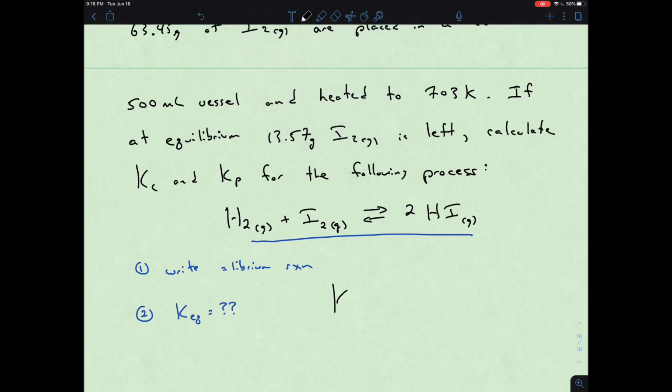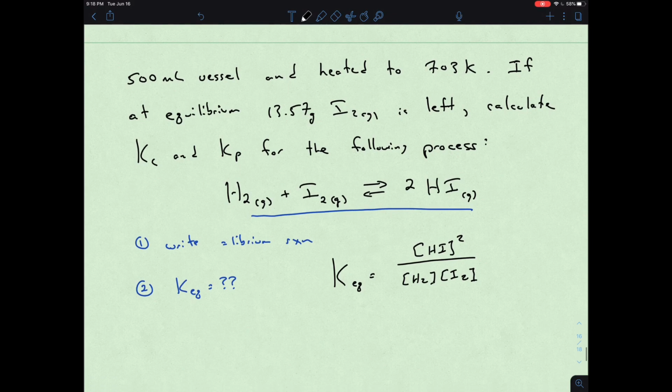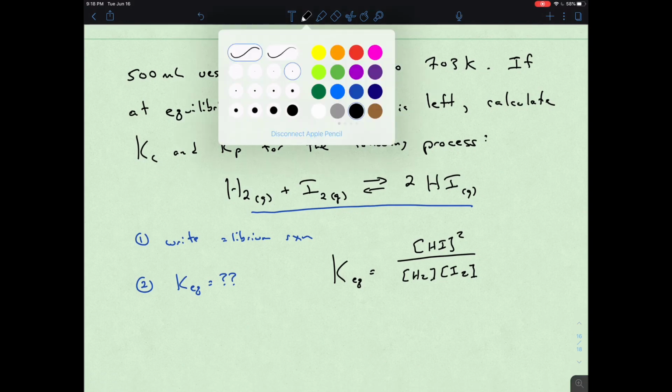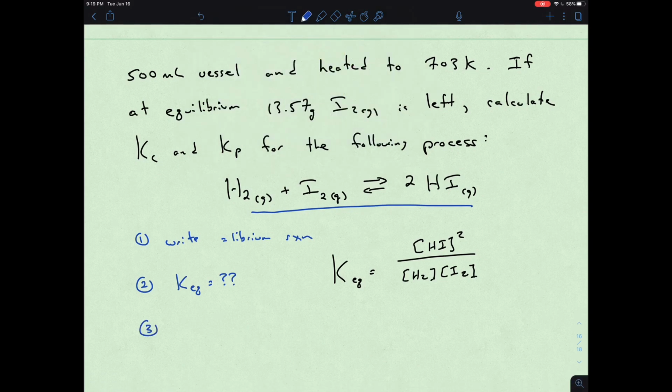Well, our K would be equal to the hydroiodic acid concentration squared divided by the product of the hydrogen and the iodine. So there's our Keq. We then need to develop our ICE table, and we need to fill it in.